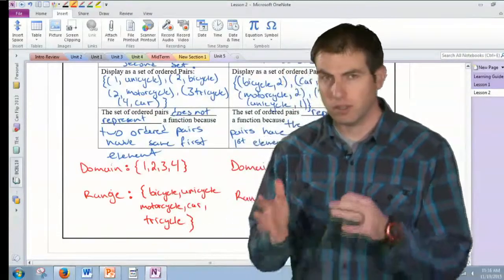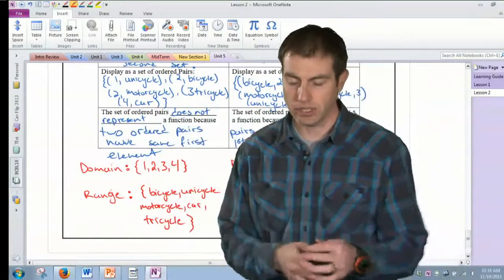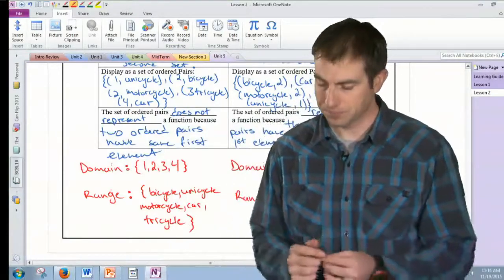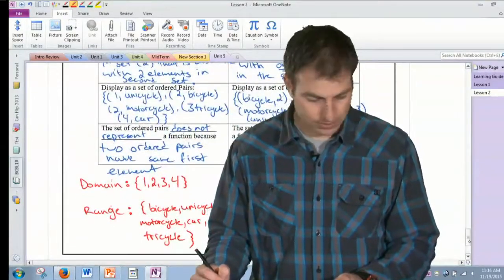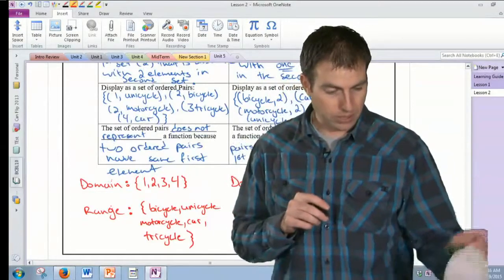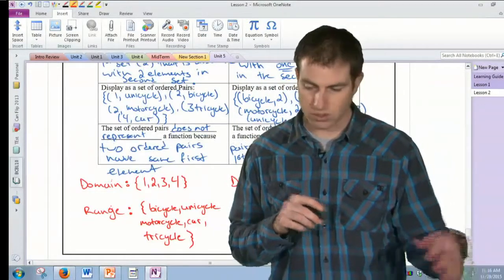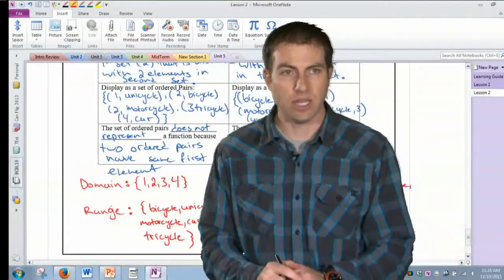But if you can figure out the basic definitions of domain and range, you'll be doing fine. So at the end of it, excellent. I have another example here, but I broke it up into a different section, so that's a really great place to end for the day.